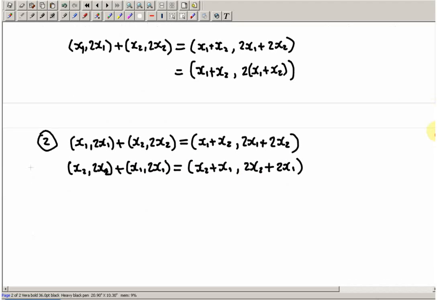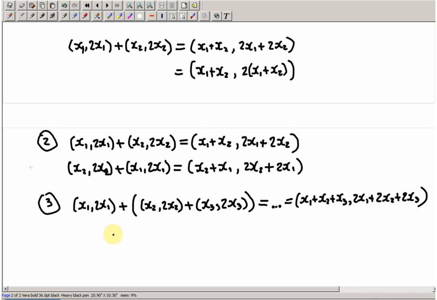Let's go to the third axiom. It's the associative property. That also is quite straightforward. Just write it down. Here I need to pick 3 vectors this time to do the associative property. So here's the first vector, here's the second vector, and the third vector. The associative property says that it doesn't matter which way you add them, you're going to get the same thing. That's what we want to show, right? So I pick the 3 vectors, I add the last 2, and then let's see if it's the same as adding the first 2 first.